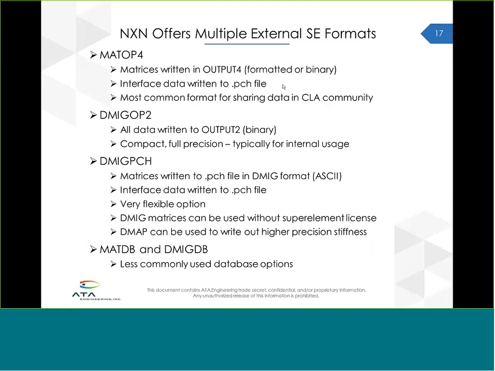And that's really the most common format that's used in the coupled loads community, which is primarily in aerospace analysis out there, but there are other industries that use that as well. Another format is the DMIG OP2. So in this case, all the data is written to the output 2 file, which is a binary file. And the benefit of this is everything is all kind of located in one location, and it's full precision, so you don't lose any data there.